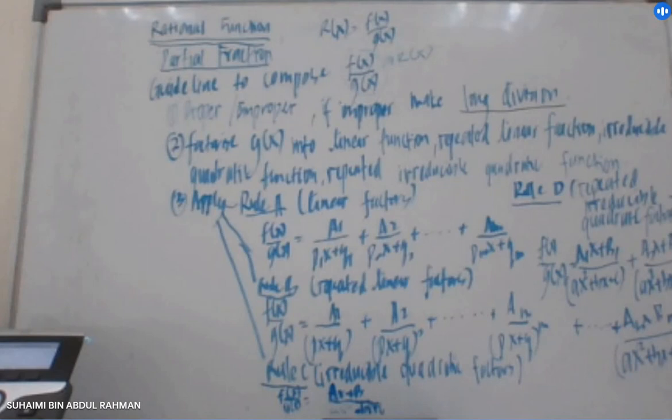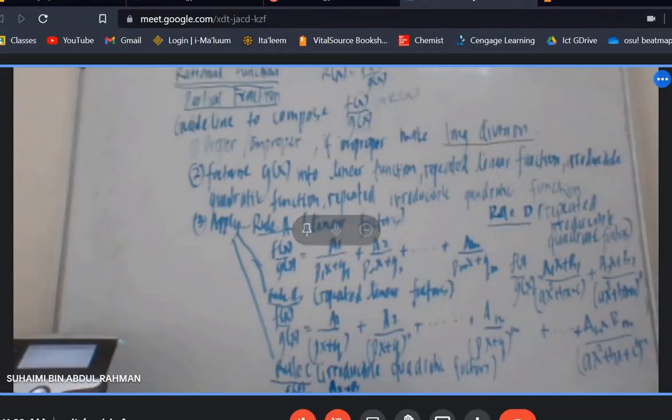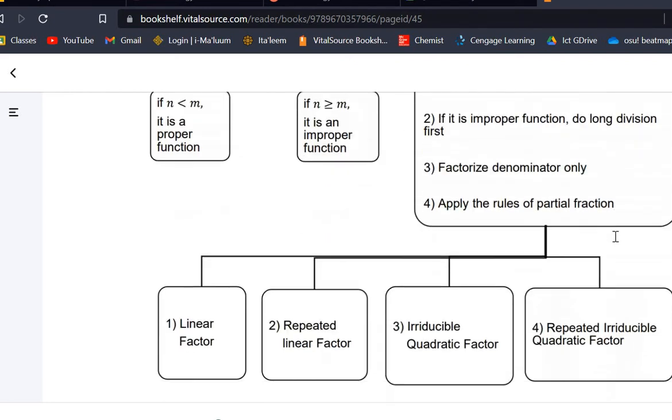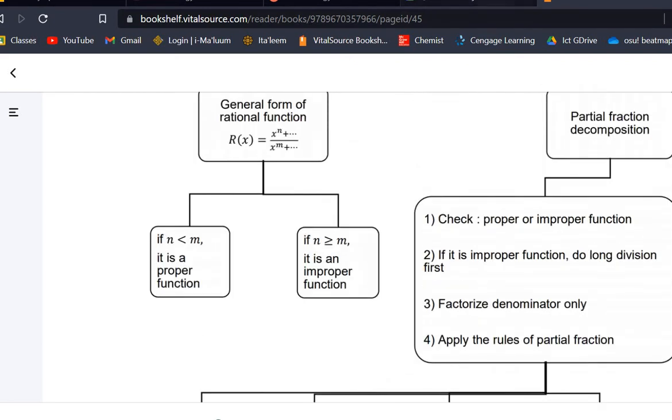You can refer to the book on page 745, I think. Your book does not state it as A, B, C, D, but it is a little the same.